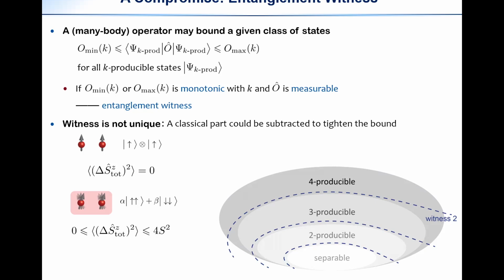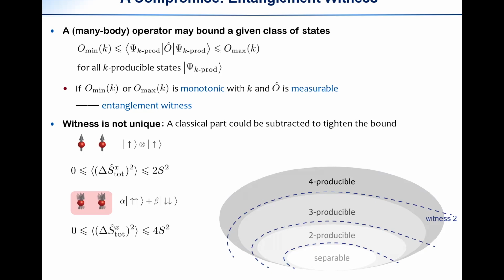You can use this trick to distinguish the classical state from the quantum, entangled state. And this upper bound actually means something, because you won't always be able to find the correct direction of the classical spin. You may find it z-oriented when you measure in the x direction, so you end up with some uncertainty even when measuring a classical state. The upper bound can be 2S squared if you measure in the x direction, and the upper bound for the spin singlet state is the same, still 4S squared.